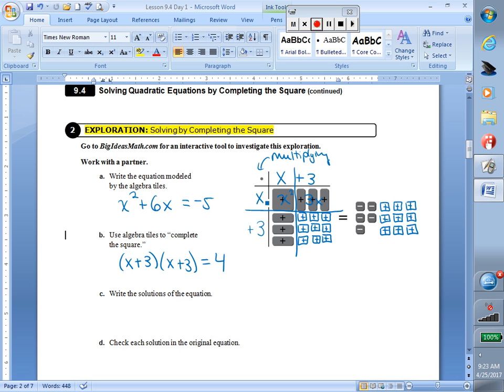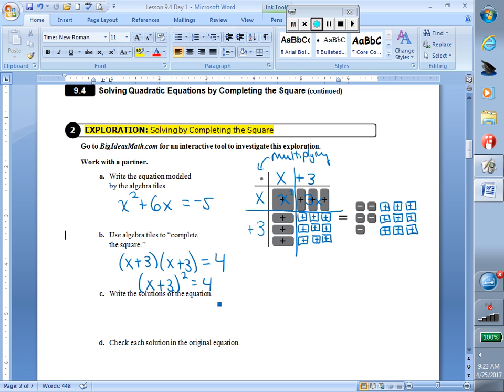Then the expressions that we're multiplying together to get that actual square are x plus 3 and x plus 3. Since it's a square, those dimensions should be the same. So we can go ahead and write this. If it's x plus 3 times itself, we can write this as x plus 3 quantity squared equals 4.